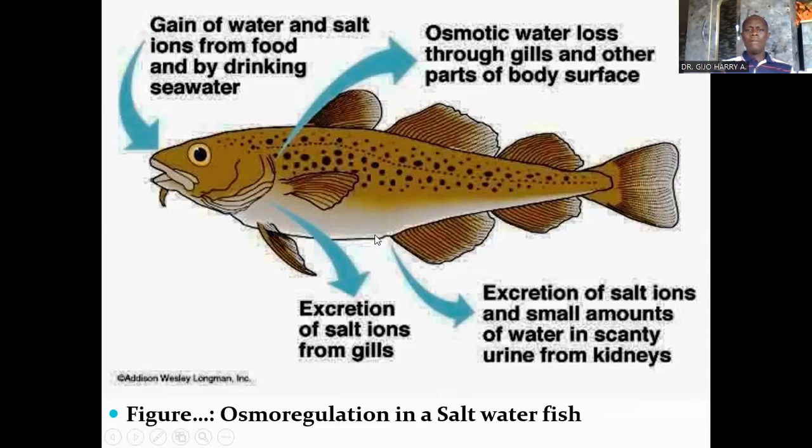So the marine fishes excrete less water compared to the freshwater fishes in order to conserve water within them. They excrete less water from the kidney, from the urinary system than it is in freshwater fishes.